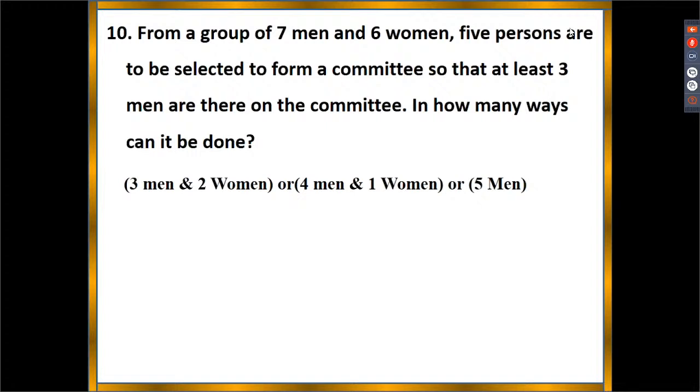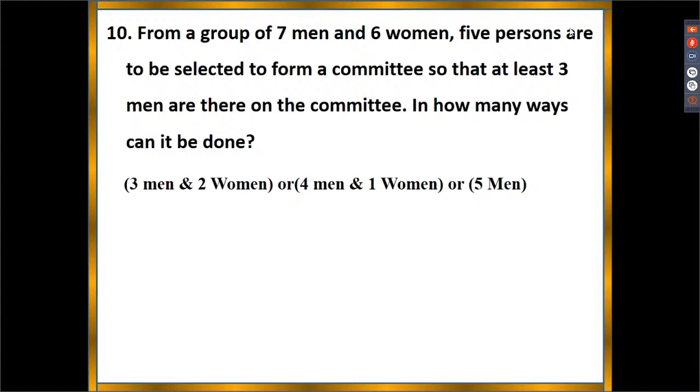So write down. Out of 7 men, if you have to select 3, you have to use 7C3. Then 6 women.